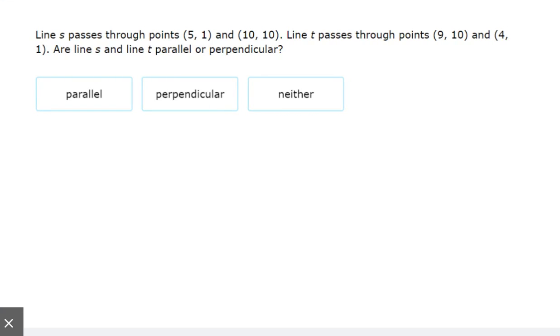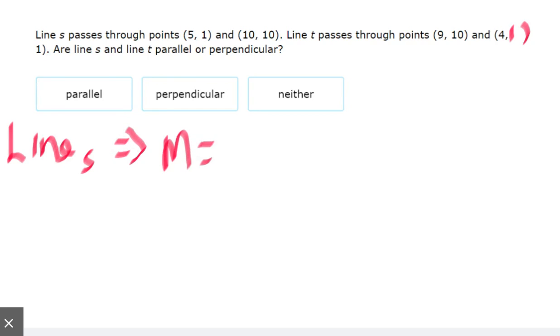Okay, so this is very similar to the problems that we did yesterday. So line S passes through points (5, 1) and (10, 10). Line T passes through points (9, 10) and (4, 1). I'm just going to write that up here. So first thing we have to do is figure out the slope of line S. All right, fraction bar, minus, minus.